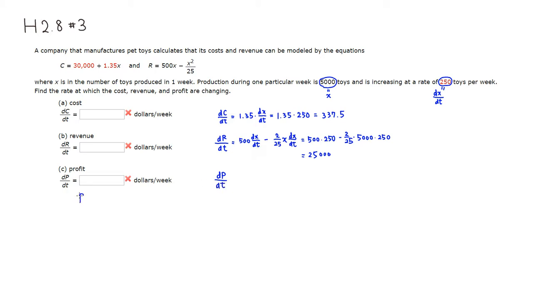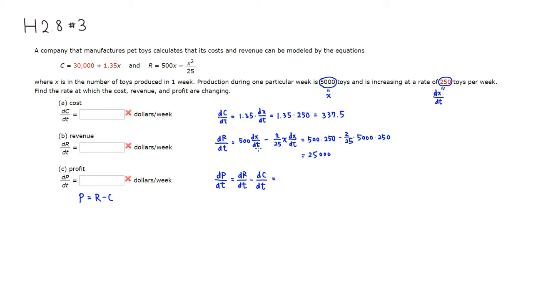Then if you want to find dP/dt, since P is simply revenue minus cost, if you take the derivative of that, you're going to get dR/dt minus dC/dt.